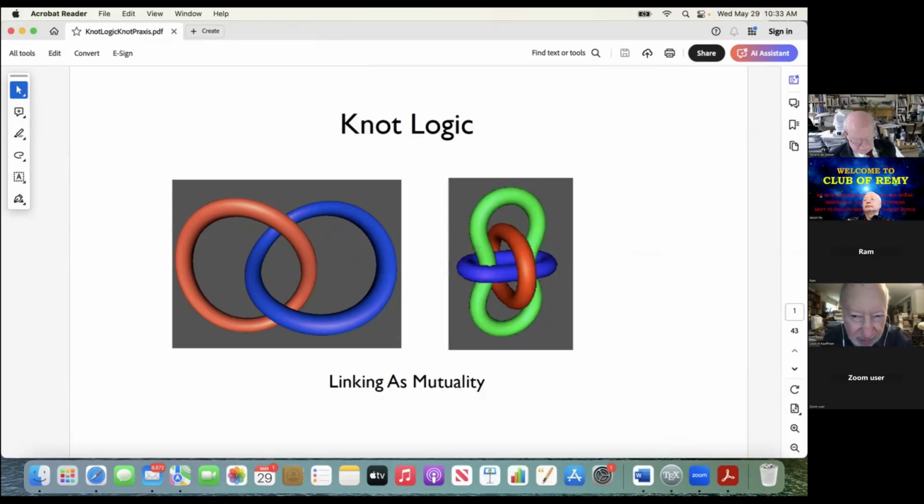This is called the Borromean rings because the Borromeo family in Italy in the 1500s, I think, had a similar kind of link as their symbol. But this is an example where curves can be linked with one another, even though they have no actual linking number. These 3 are linked together, but any 2 of them are not.